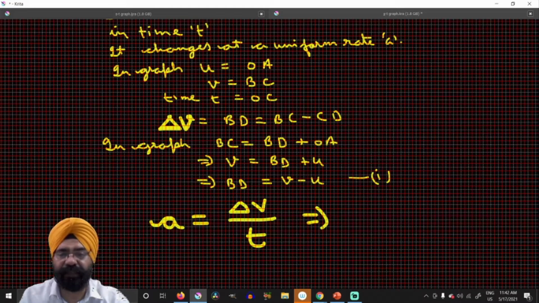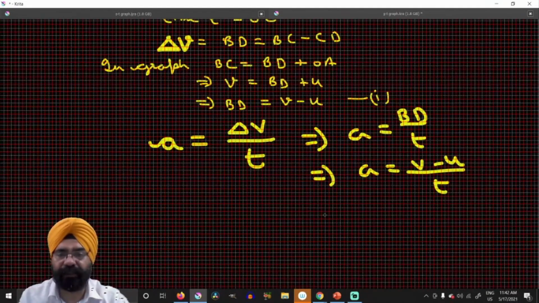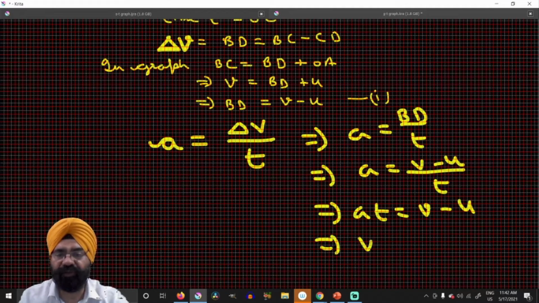So acceleration is equal to BD, the change, upon the time, and we have found out that BD is equal to V minus U. So our first equation: AT is equal to V minus U, or V is equal to U plus AT, when we transpose U to the other side. That is our first equation.